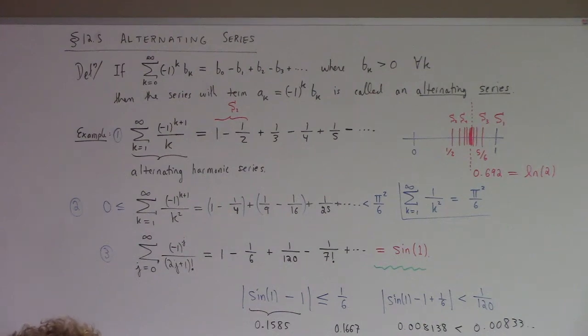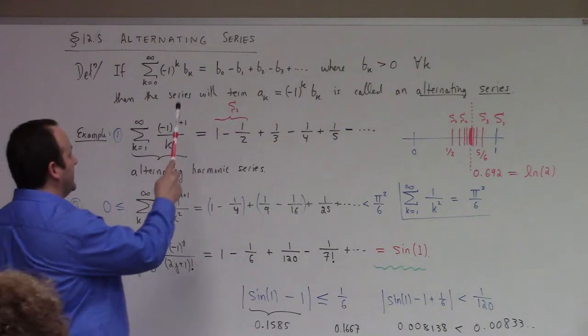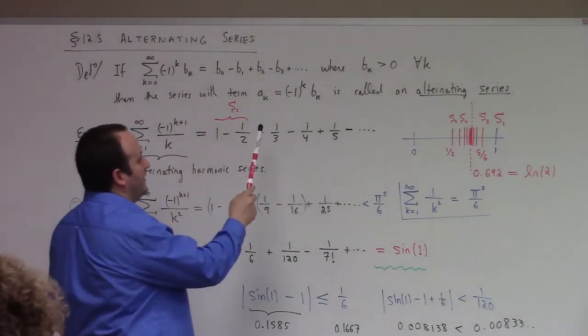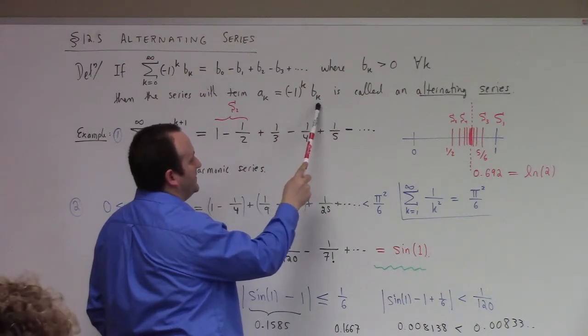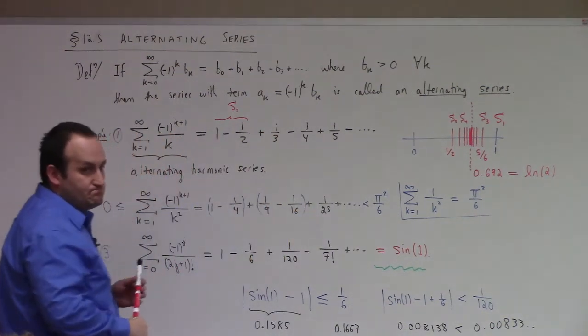I am going to continue using a sub k for the generic kth term in the series we're studying, which means I need another letter to describe the positive things we're adding or subtracting. So I'll call those b sub k. In other words, an alternating series is one where the kth term has the form (-1)^k times b sub k. Okay?